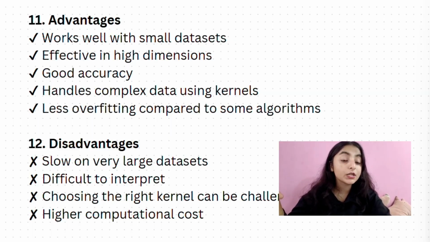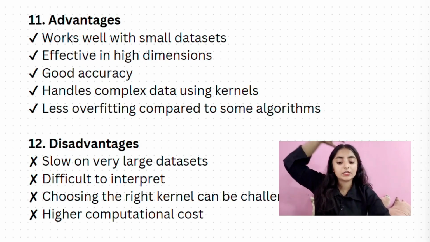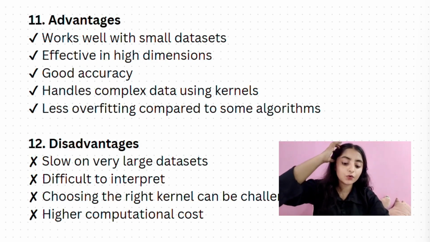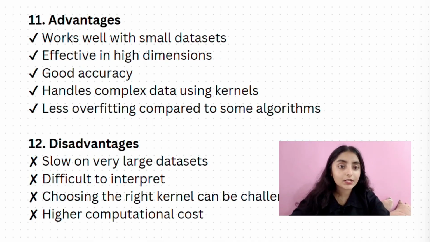SVM is widely used in image classification, face recognition, spam detection, and medical diagnosis, because of its high accuracy and ability to handle complex data using kernels. Support vector machine is a supervised algorithm that finds the optimal hyperplane with maximum margin to classify data points into different classes. So I hope you understand.